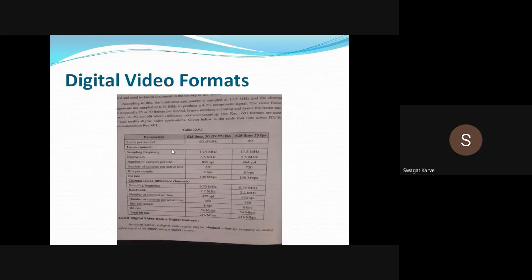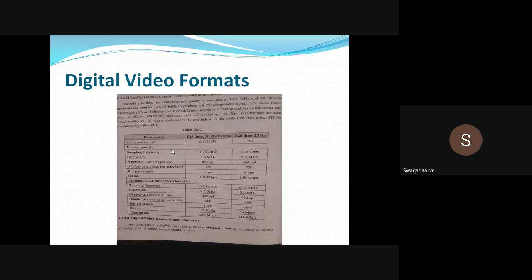Now you can clearly see the digital video formats, right? For 525 lines and for 625 lines, there are different parameters given here. Sampling frequency is 13.5 MHz for both. Bandwidth is 5.5 megahertz, also the same.